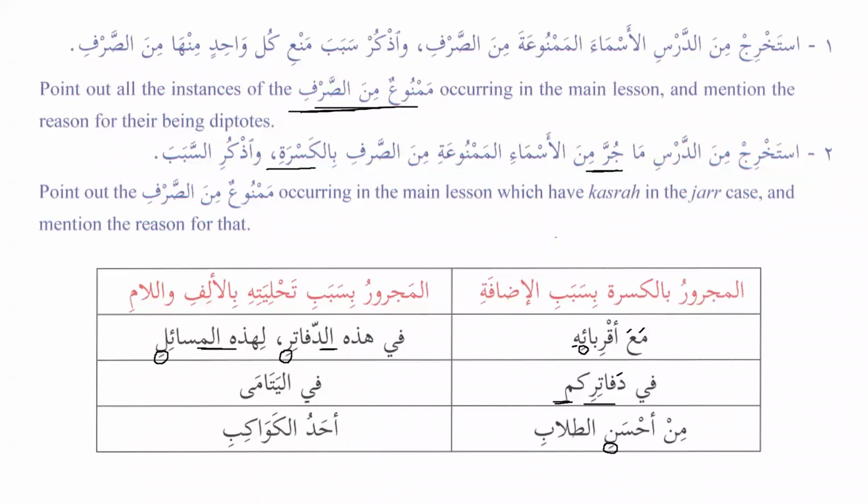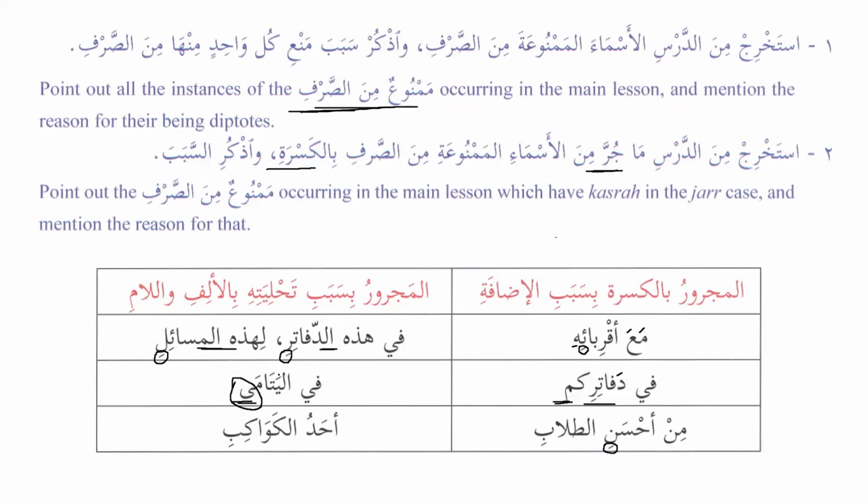في اليتامى, here it is basically al-yatama, it is still mahall majroor because we can't really put fatha or kasra on alif maqsura that refuses to accept kasra, as we know.